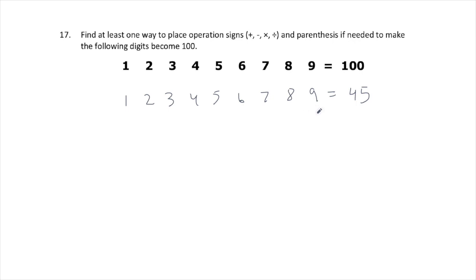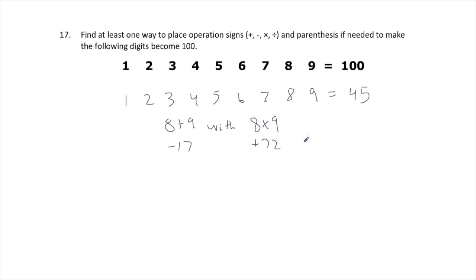One way we can do that is by replacing the addition signs between these digits with multiplication signs. We can start off by replacing the addition sign between 8 and 9 with the multiplication sign. So we're replacing 8 plus 9 with 8 times 9. Removing 8 plus 9 would cause our number to decrease by 17, but adding 8 times 9 would cause our number to increase by 72.